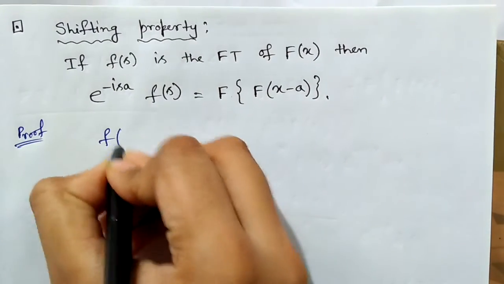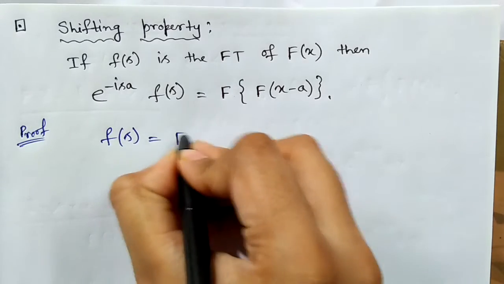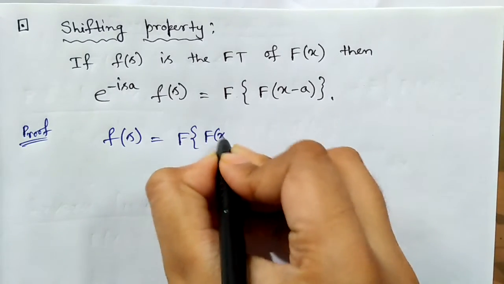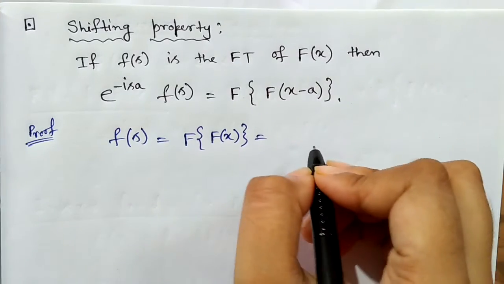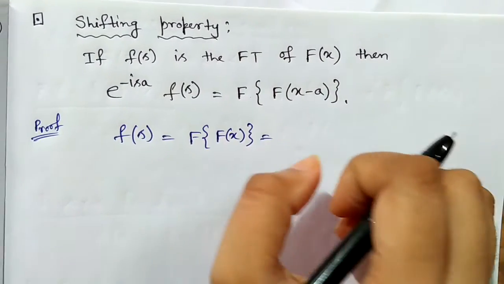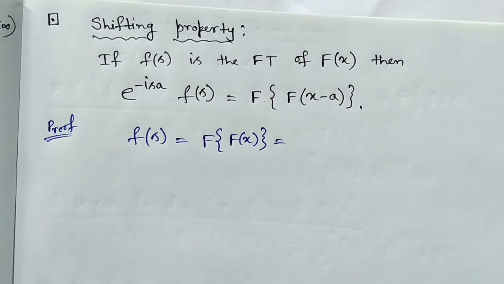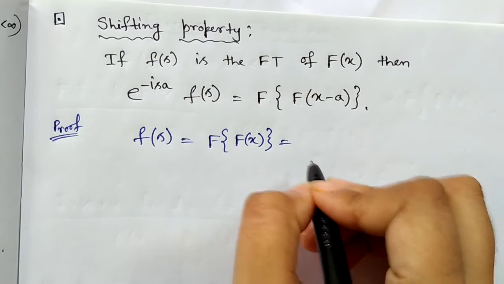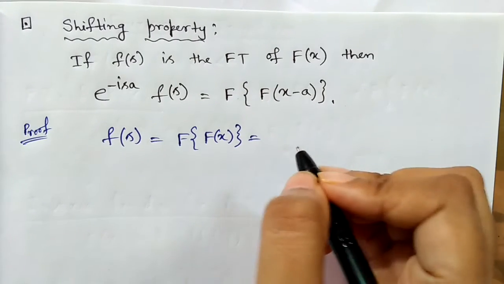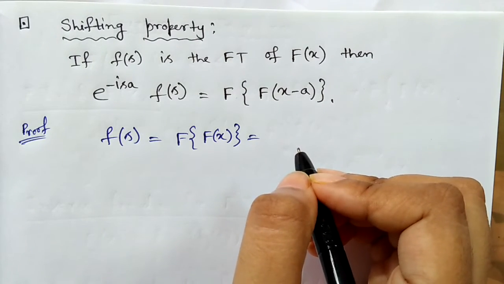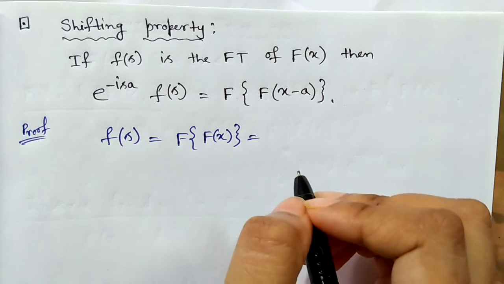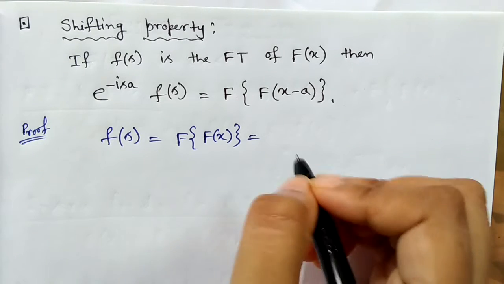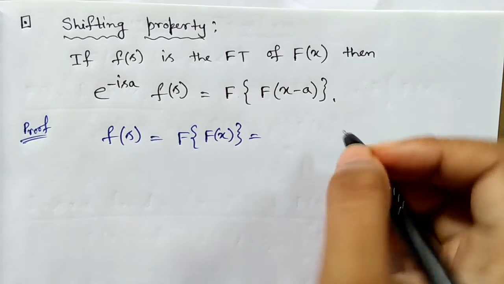Now we have F(s) equal to the Fourier transform of F(x). You mention the formula first, then it is easier to calculate, and also there will be no confusion about which formula you are using in the solution paper.